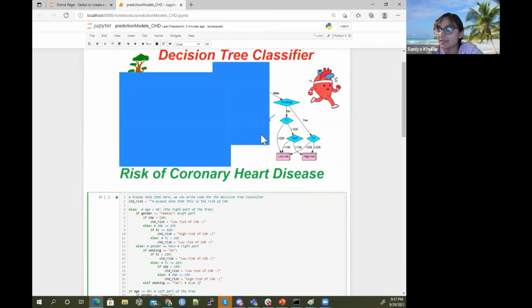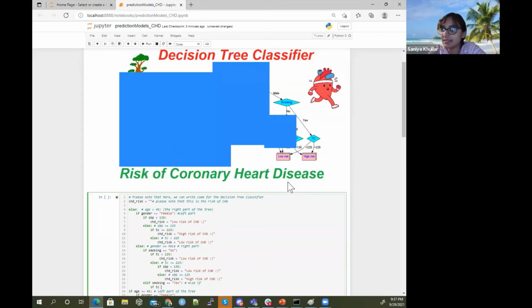And last but not least, if we are smoking, then we just focus attention here more. And if we're smoking, unfortunately, what we will see is that we check total cholesterol level. If we don't need anything else, we just check this.